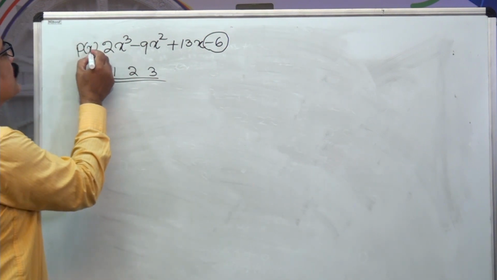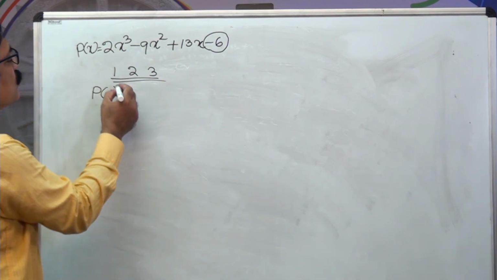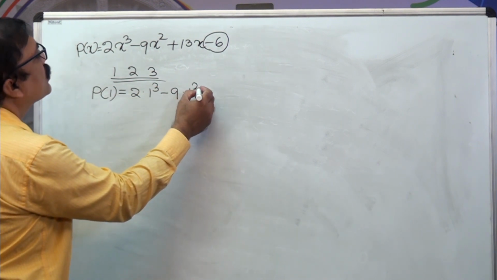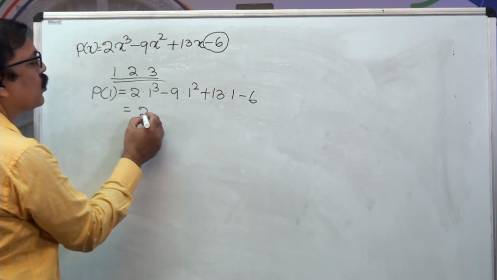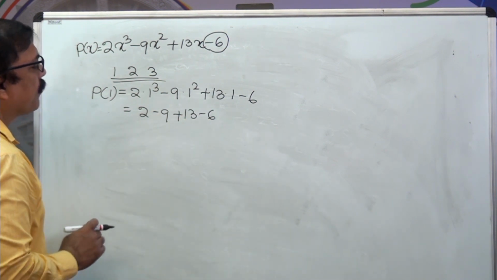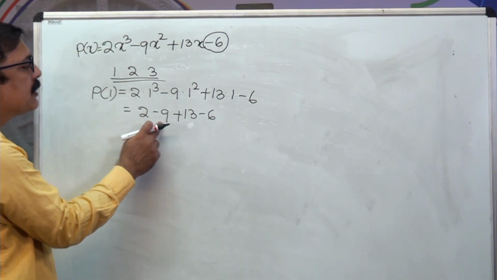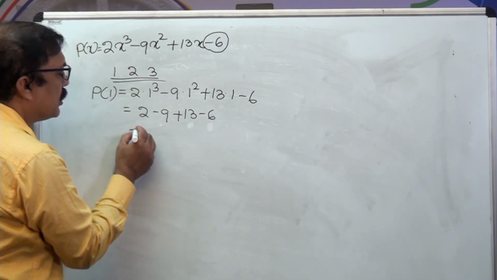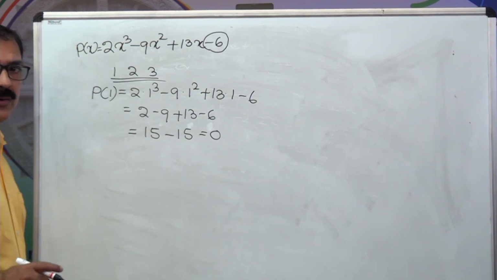If we put 1, P(1) is 2 into 1 cube minus 9 into 1 square plus 13 into 1 minus 6. That gives 2 minus 9 plus 13 minus 6. See, 2 plus 13 is 15, minus 9 minus 6 is minus 15. So this is 15 minus 15, that is 0.